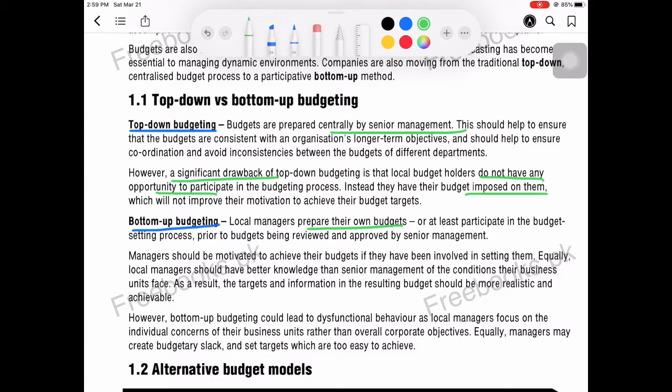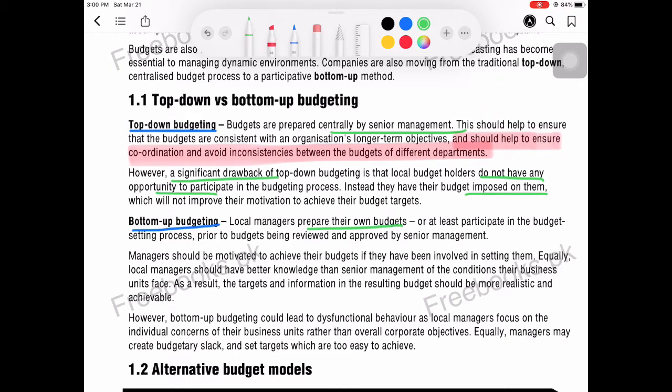Similarly, the top management gives instructions as to what each department is supposed to do in terms of budgets, in terms of numbers, and helps the organization move forward. That is, it's kind of uniform, kind of consistent. That is the main advantage. So let us just highlight this one: this is to ensure coordination and avoid inconsistencies between the budgets of different departments.